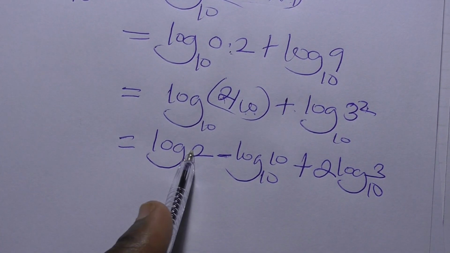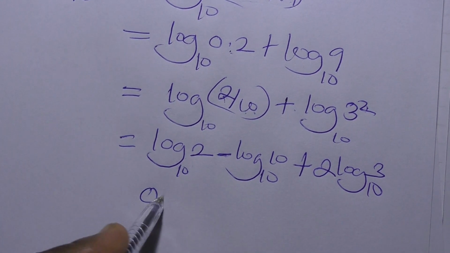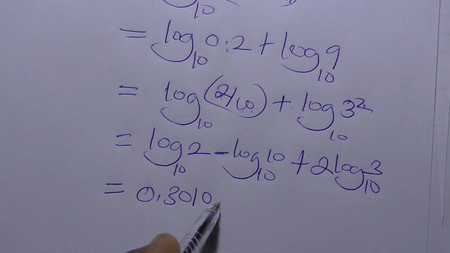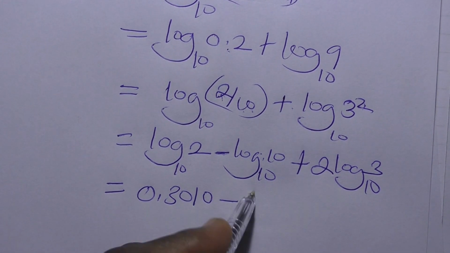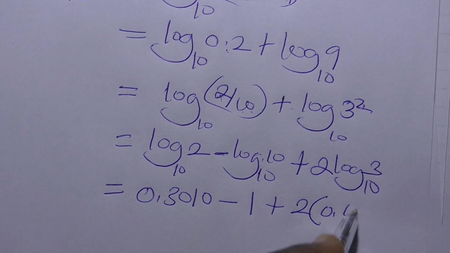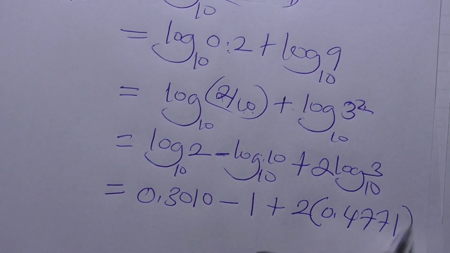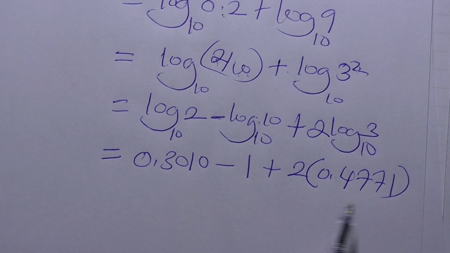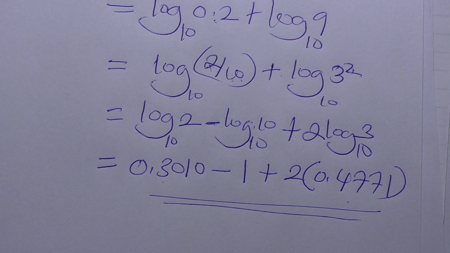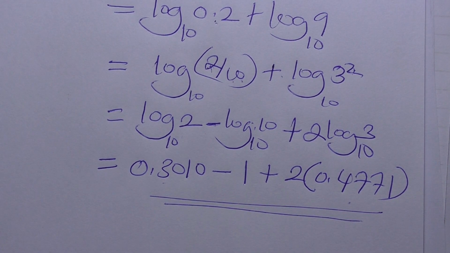Don't forget, we are given this as 0.3010 minus log 10, which is 1, plus 2 into 0.4771. So it is just a matter of getting your calculator, feed in this, and enjoy the mathematics.